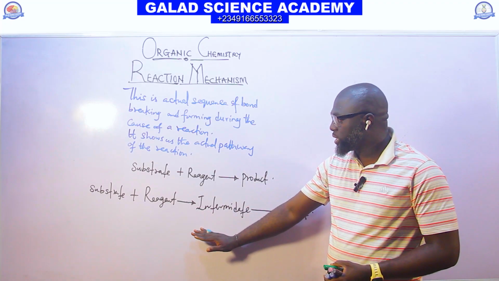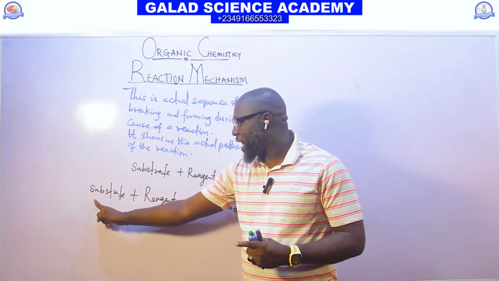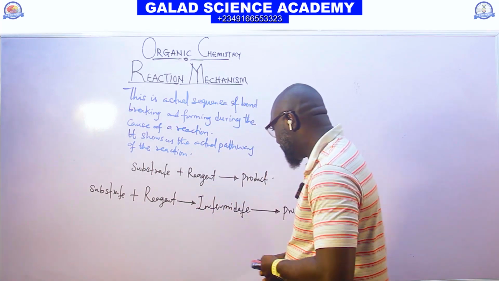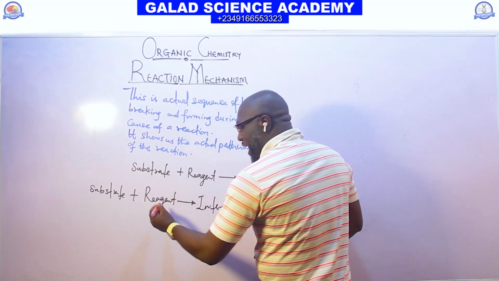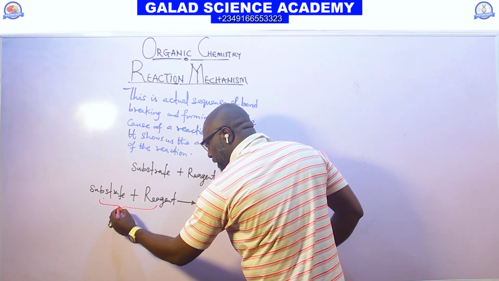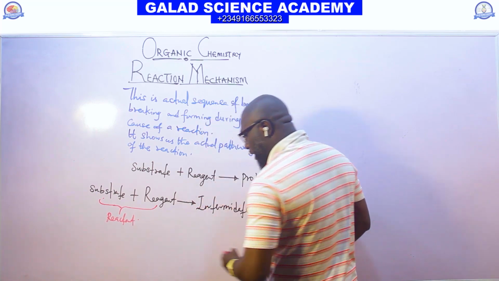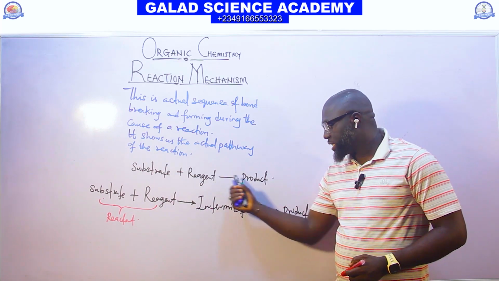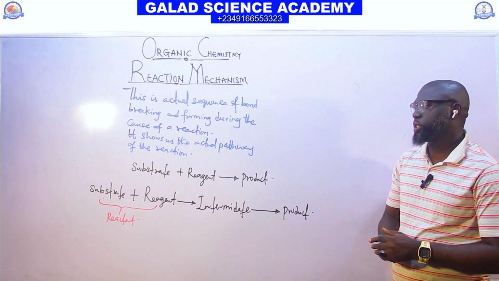So the mechanism of reaction comprises the substrate and the reagent reacting together at the reactant site, forming an intermediate, and this intermediate forms products.